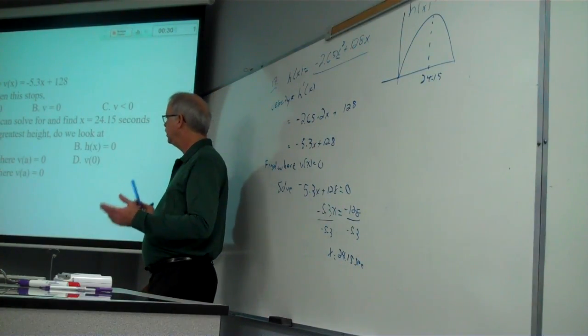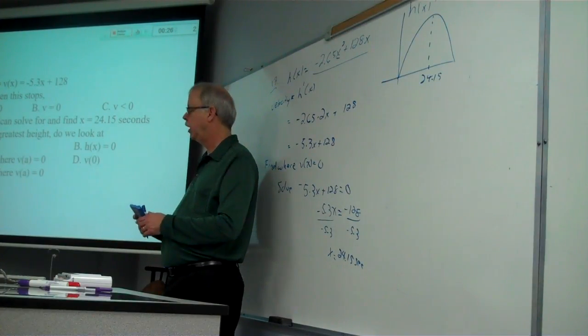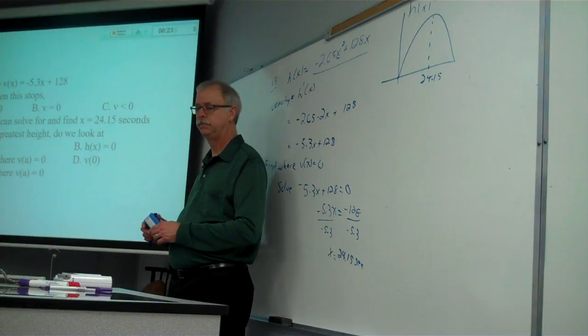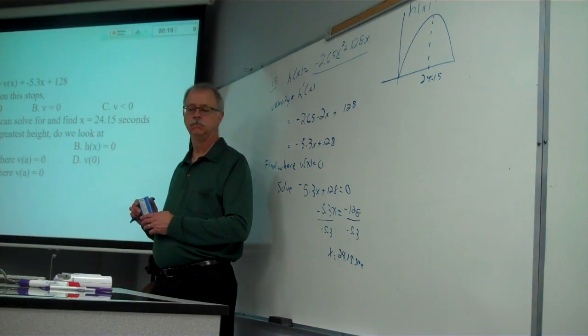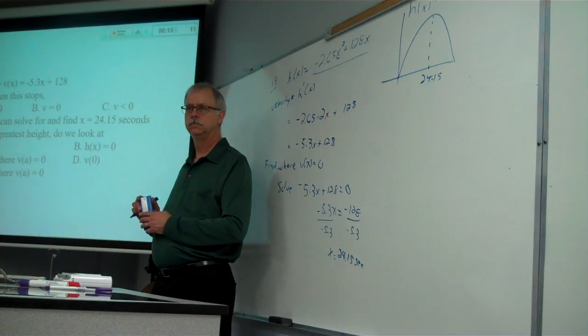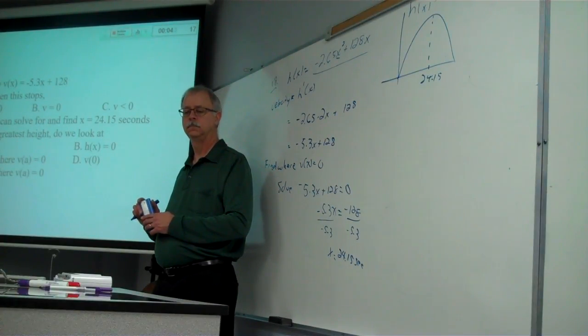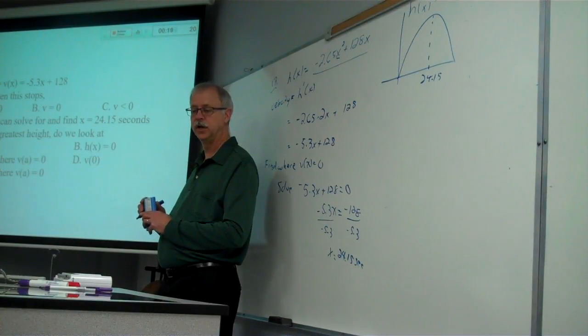Am I looking for the velocity at 0, or am I looking for the height at that point where the velocity was 0?